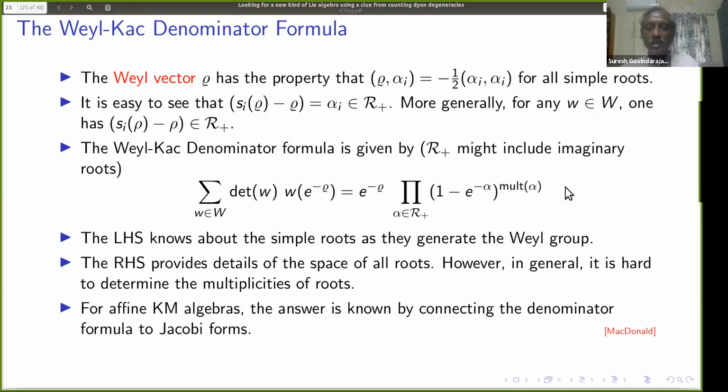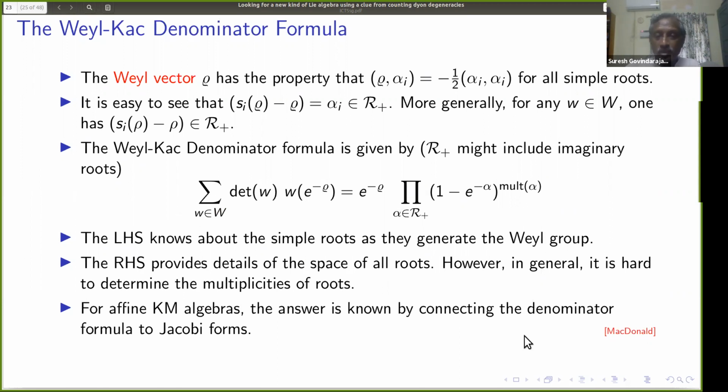So you can have positive roots which have the same weight, but they can occur in different ways. The left-hand side knows about the simple roots, because their Weyl reflections generate the Weyl group. The right-hand side provides details of the space of all roots.